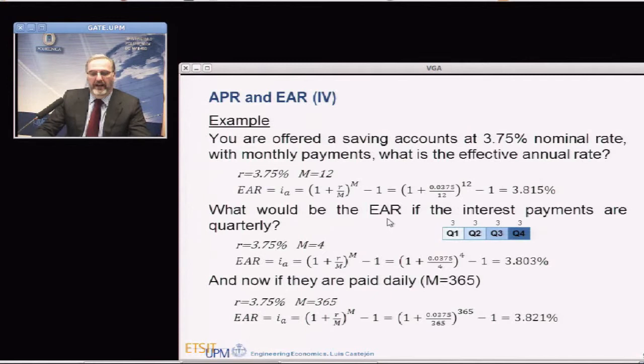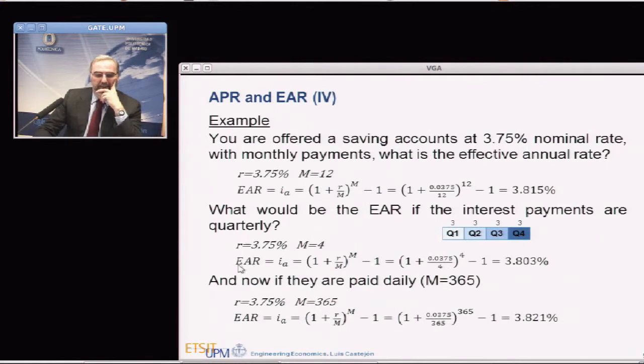Another question, for example, if the interest payments are quarterly, so not monthly but quarterly. You know, a year is divided in 4 quarters, so it's 3 months each quarter. And then, what is the number of periods? As the year has 4 quarters, then for the effective annual rate, M is equal to 4.